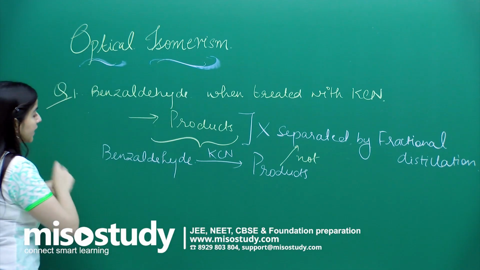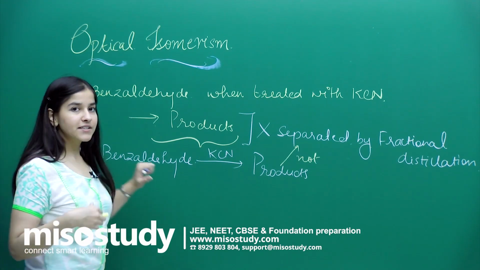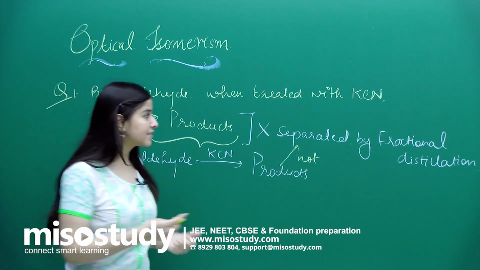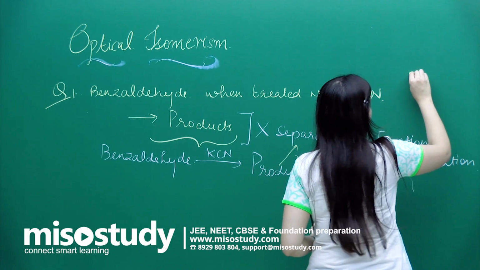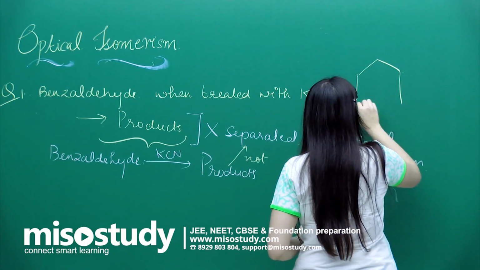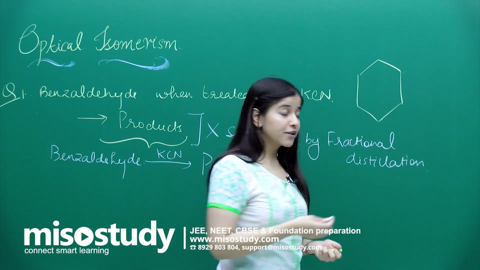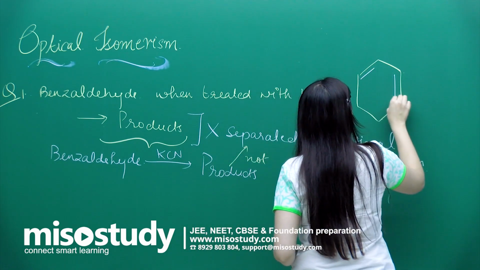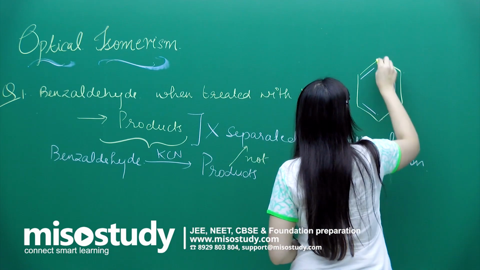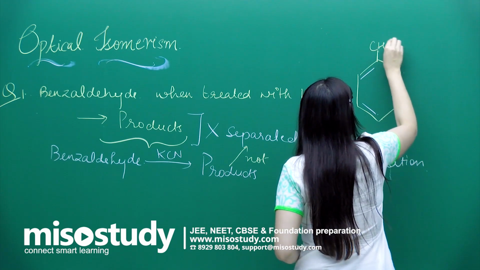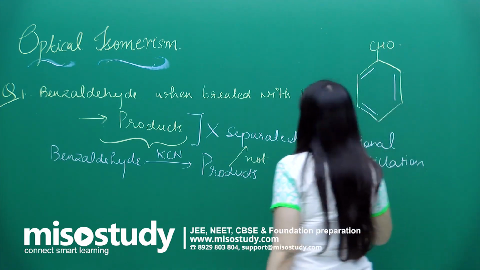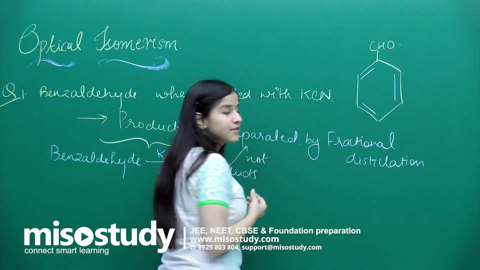So here in the case of benzaldehyde, what exactly it is, we have got the structure for it: a benzene attached with an aldehyde group. So here I have got the benzene ring attached with the aldehyde group. This is nothing but benzaldehyde.